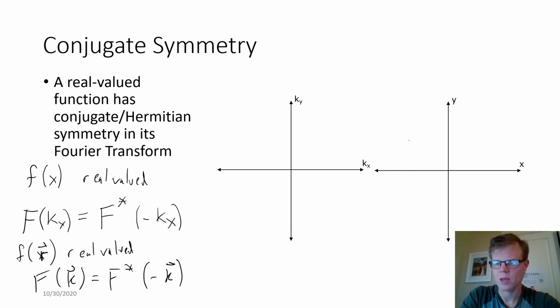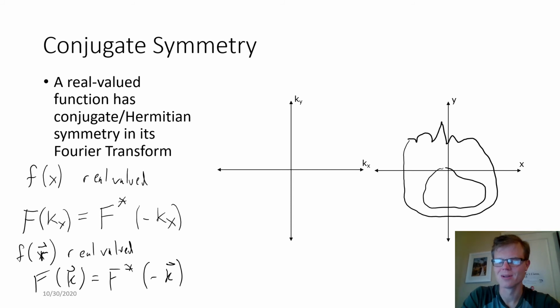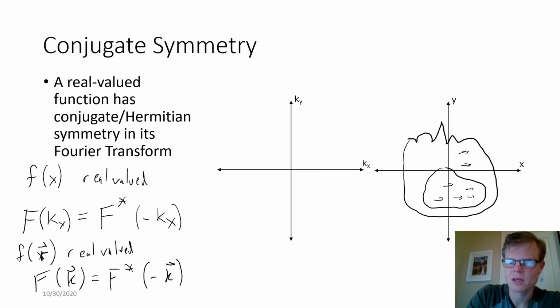Say we have our subject here, the brain back here. What we typically mean by real valued, when we think of that, is that all the transverse magnetizations after RF excitation are pointing in the same direction.